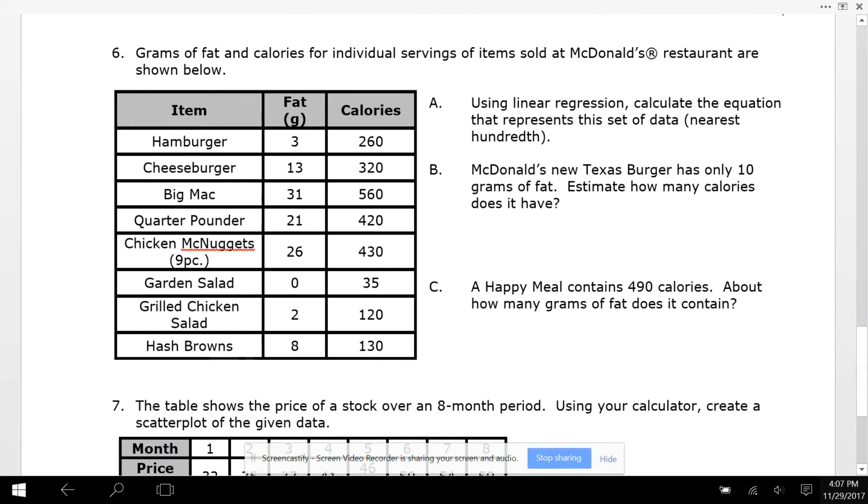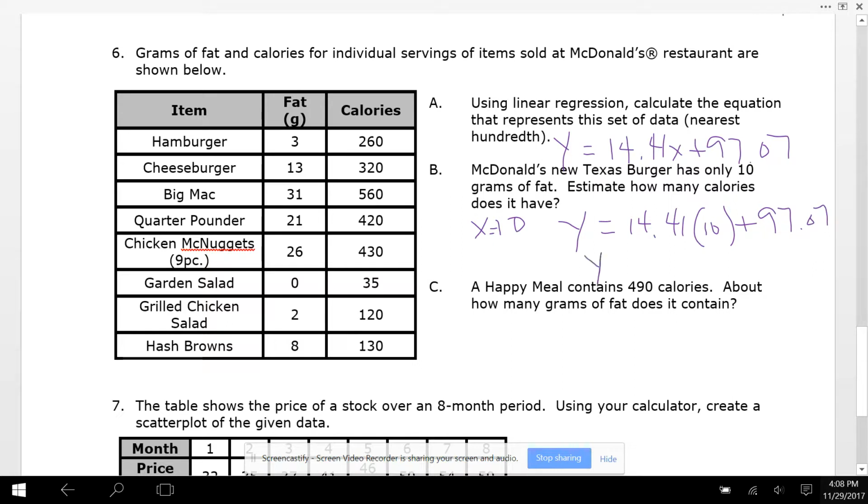Number 6, y equals 14.41x plus 97.07. If x is 10, then y is 14.41 times 10 plus 97.07, which is 241 calories.